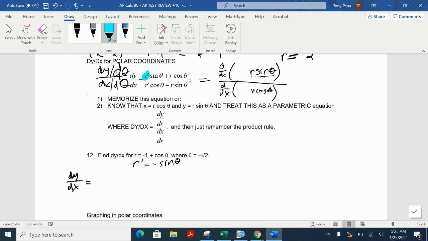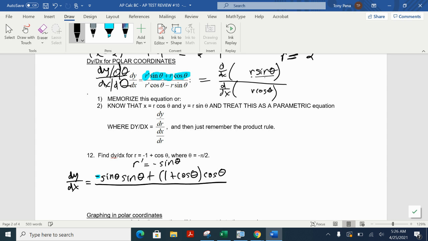R prime is what we just found to be negative sine of theta. Then you're going to throw down that sine. Then you're going to see plus r. So I'm going to do plus and then 1 plus cosine of theta. And then cosine of theta.